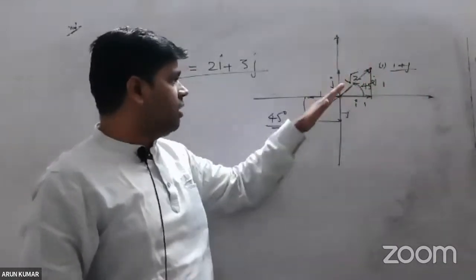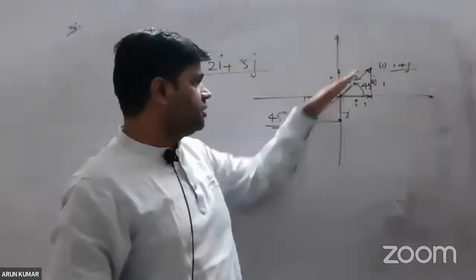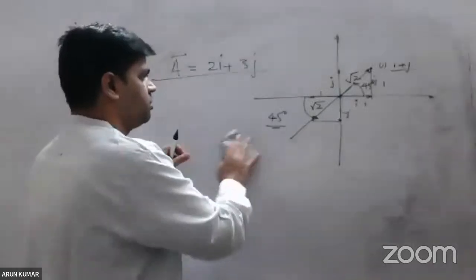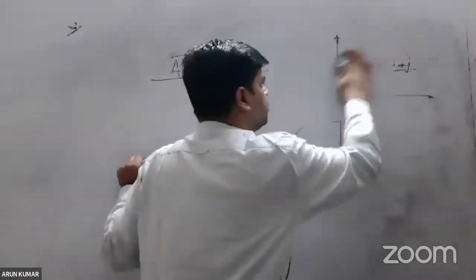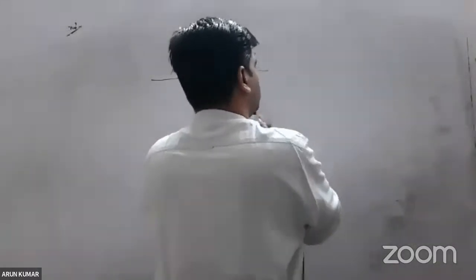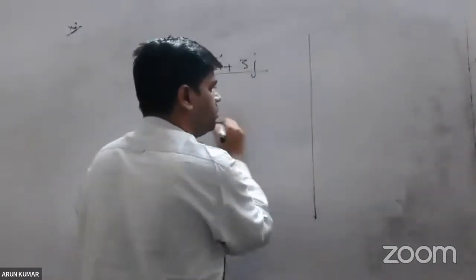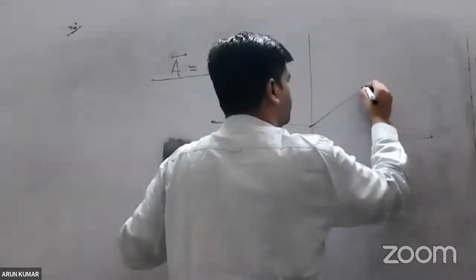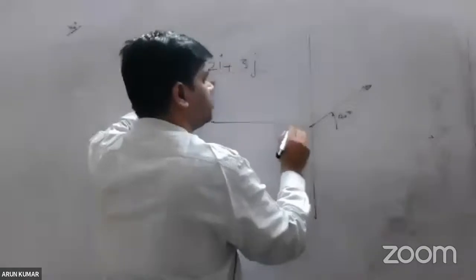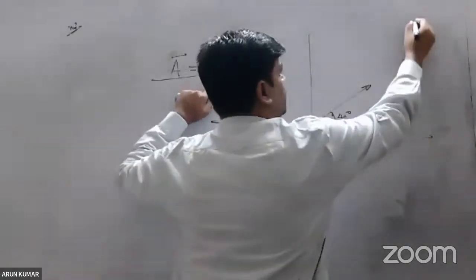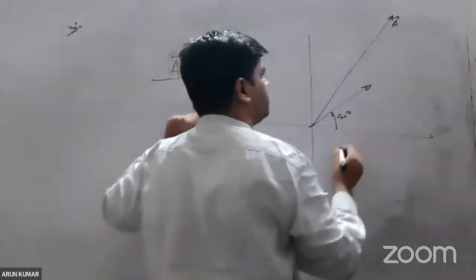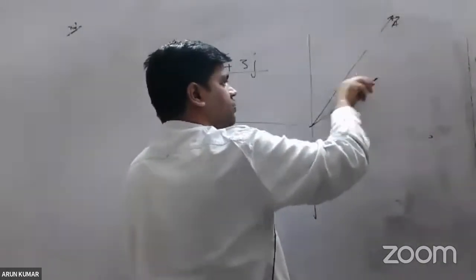I have to find the component of this one along this direction. This is my first vector I plus j. This is 45 degrees and this is 2 and 3. This is a bar. I have to find the component of this vector along this one.